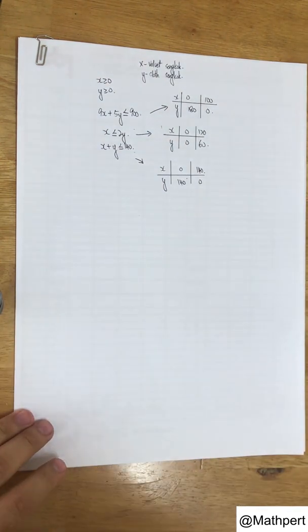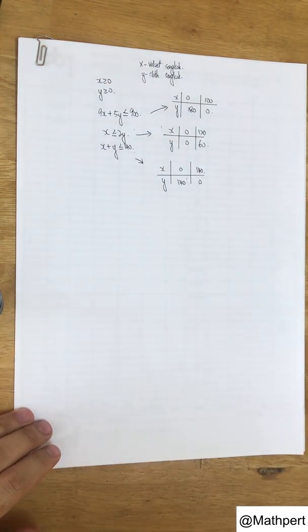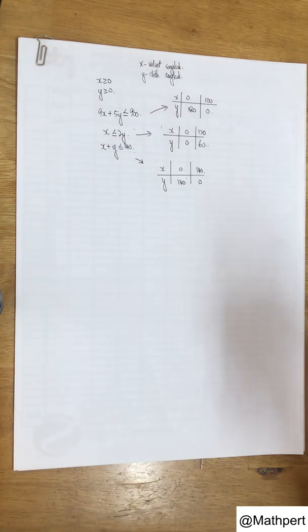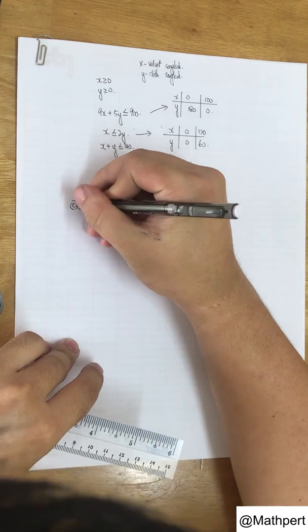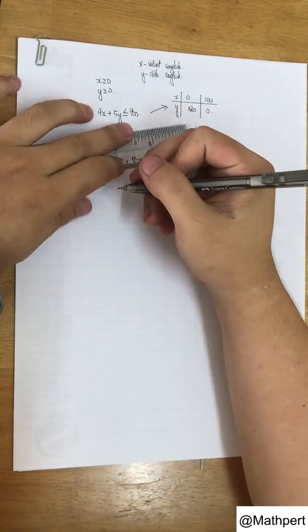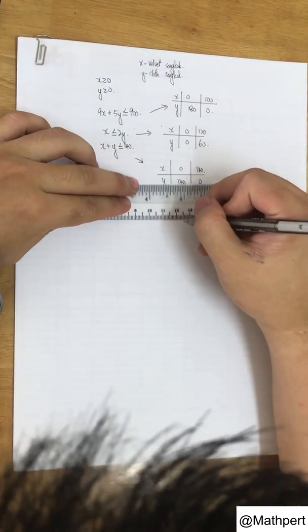So the selling price of the velvet songkok and the cloth songkok is different. So let's make a table for it. This is part C, first part.